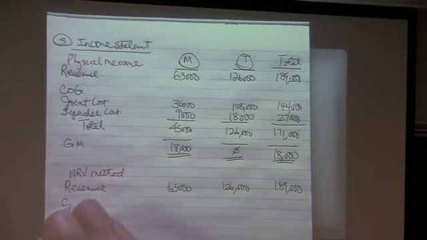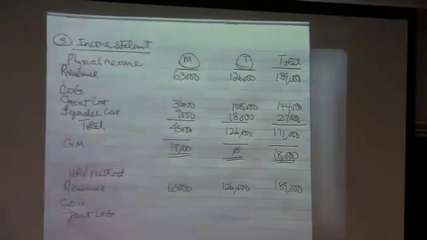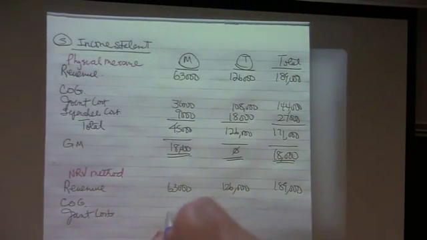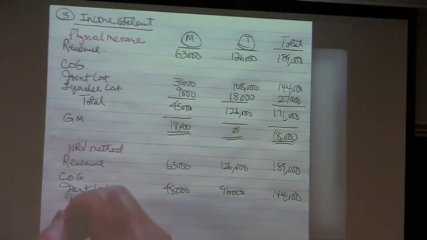Cost of goods sold. So the joint cost, we already said, is going to be 48,000 and 96,000 in part 2. Now we're going to add the separable costs.